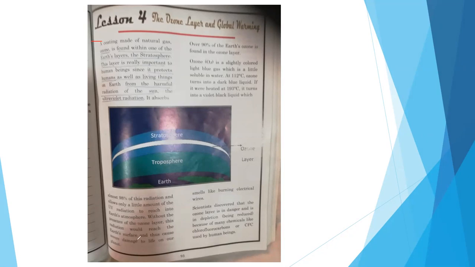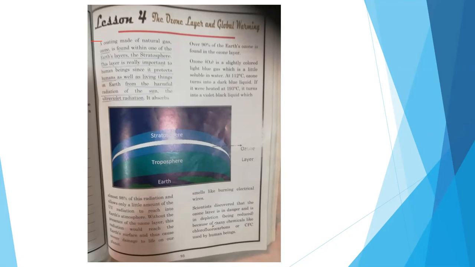If this ozone were to be damaged, what would happen on Earth? Scientists discovered that the ozone layer is in danger and is in depletion because of many chemicals like chlorofluorocarbons or CFC used by human beings.